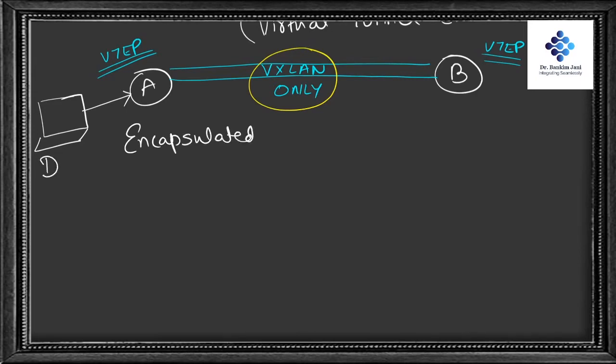The data coming from this laptop, from this innocent user who does not know anything about this. He'll say, send it to the opposite side, send it to my friend who is over here. They both are users. This A would say, this time I'm sending this thing via VxLAN.